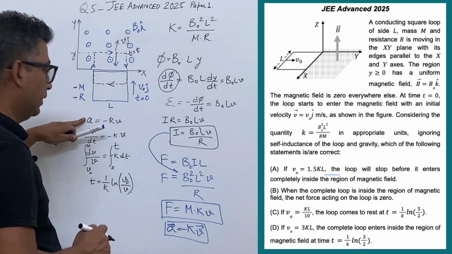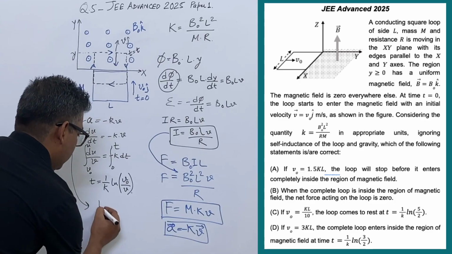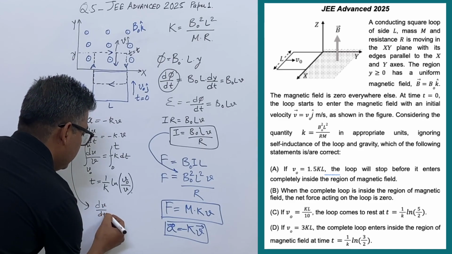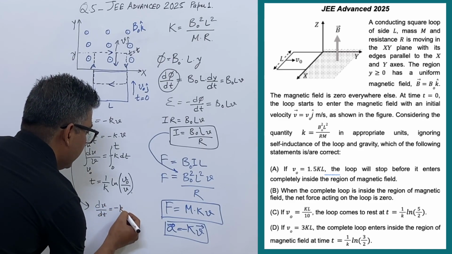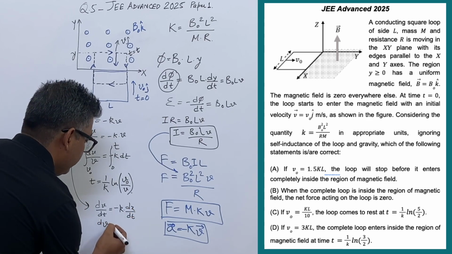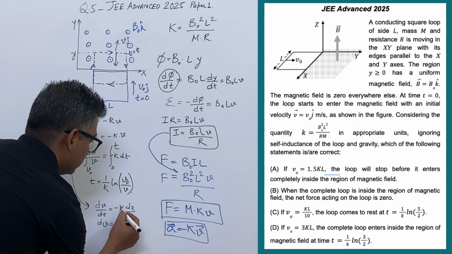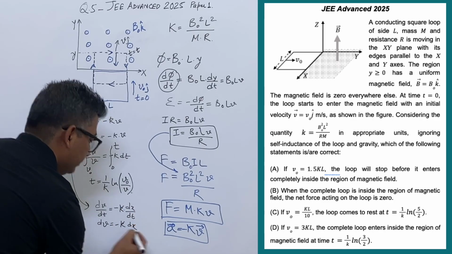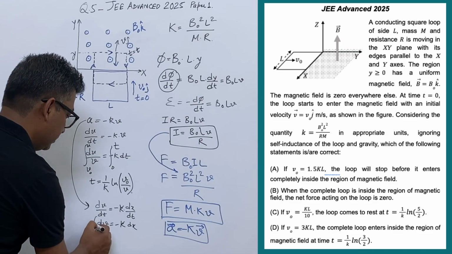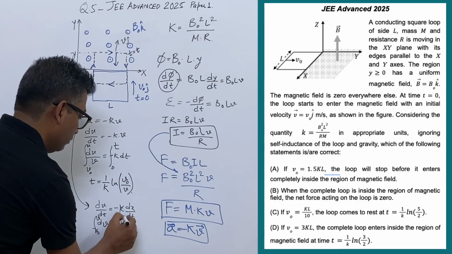Same equation, let's take, and can we write this equation as d v by d t is equal to minus K by M times d y by d t? So I can also write d v is equal to minus K by M times, sorry, this is a capital K, d y. So again, if I integrate it from v naught to v and again from 0 to y, what will I get?